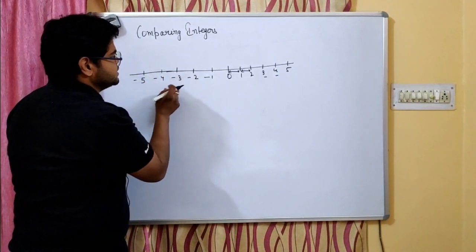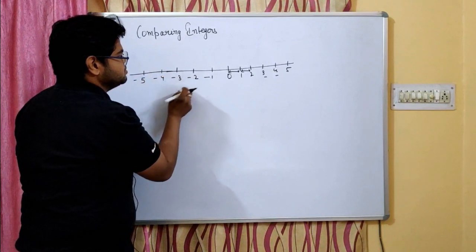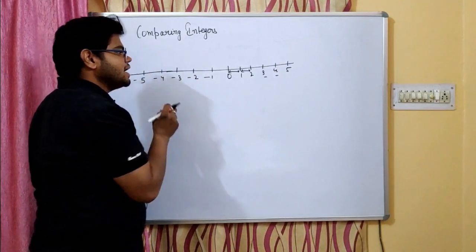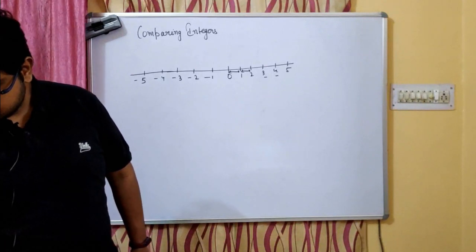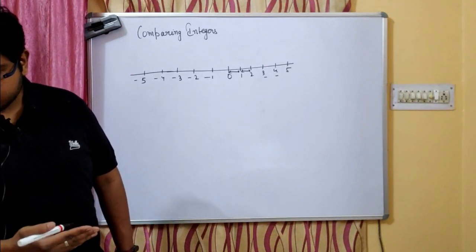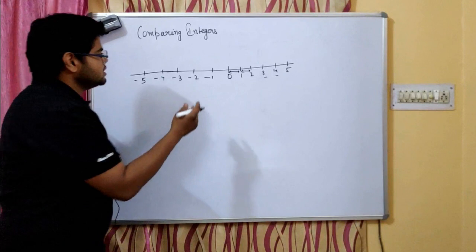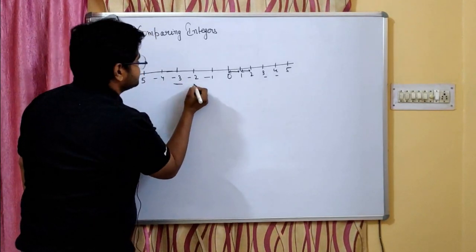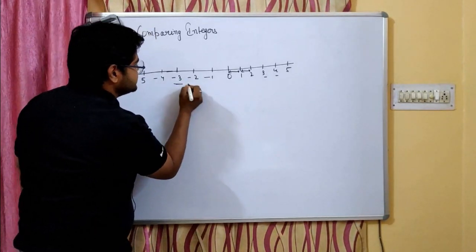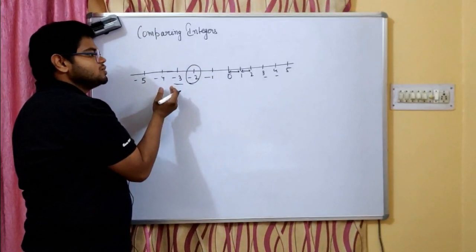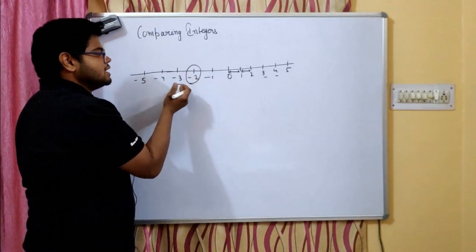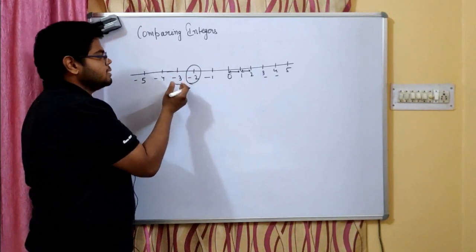Which one is greater? Of -3 and -2, -2 is greater than -3. The greater of the two integers is always to the right of the smaller one. If we move towards the right of -3, what number will we get? -2. So we are moving towards the right, and out of -3 and -2, -2 is greater.